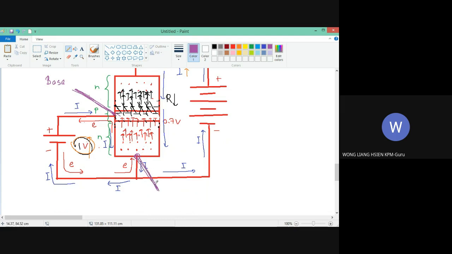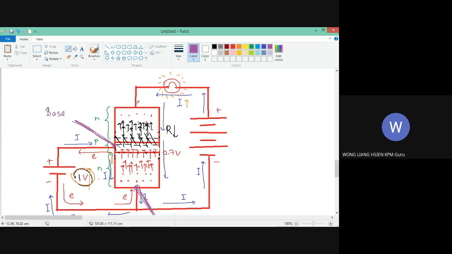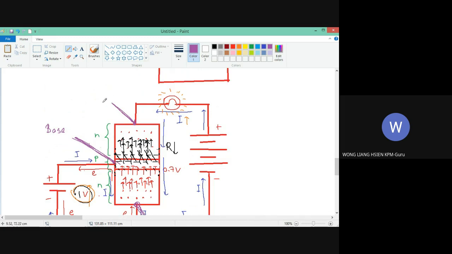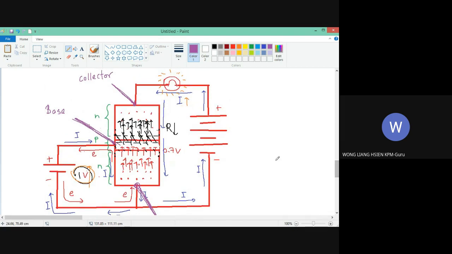So we call this terminal the emitter. Over here, this side, this terminal collects the charge, so we call it the collector. So the transistor has three terminals: the base, the emitter, and the collector.